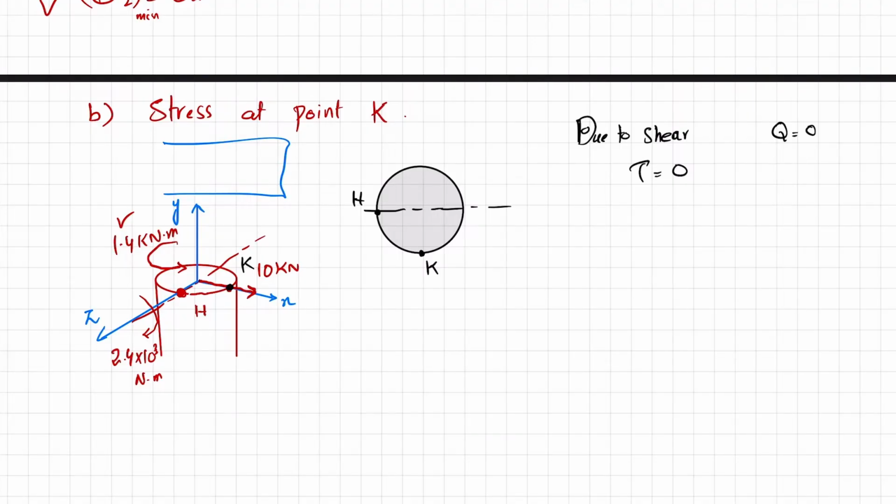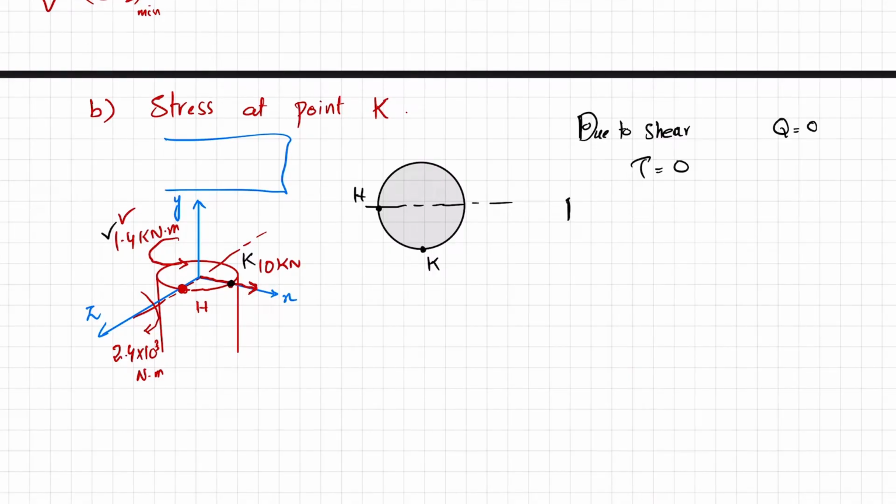Now due to the torque of 1.4, we will have a shearing stress, and that shearing stress is equal to T times C divided by J. So you can put the values.